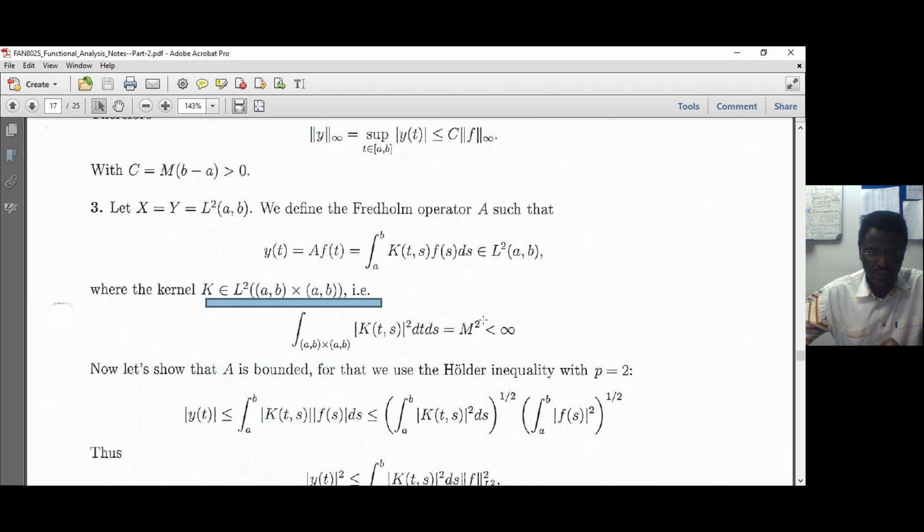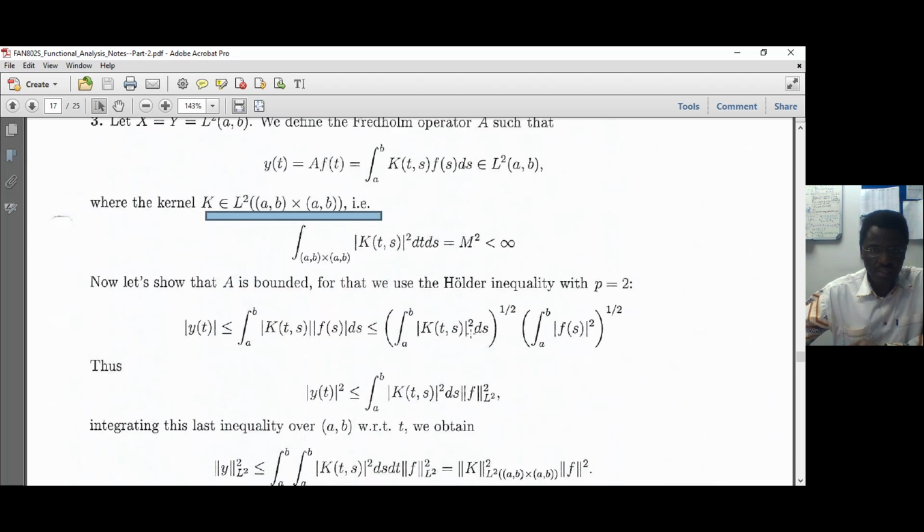Don't forget that its actual norm requires the square root, so the two norm of k is this with the square root. If we square it, we have m squared, so m is actually the two norm of k.